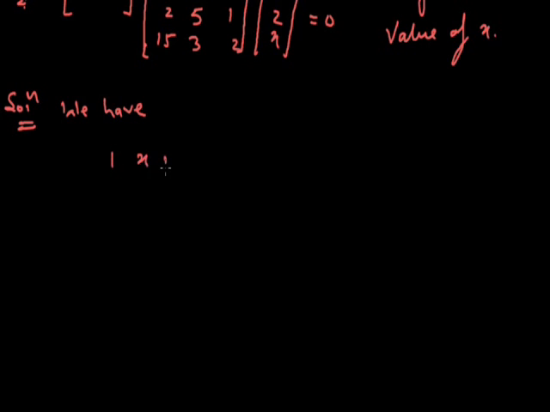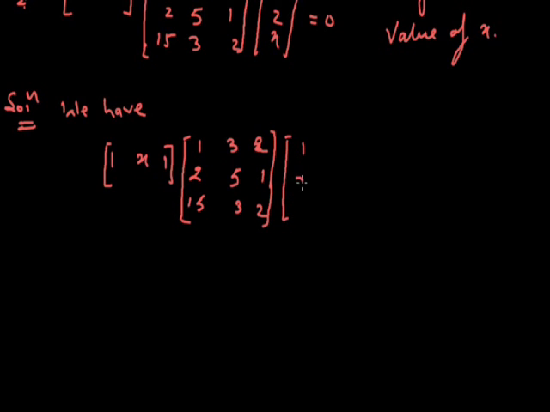1 x 1, 1 3 2, 2 5 1, 15 3 2, 1 2 x equal to 0.